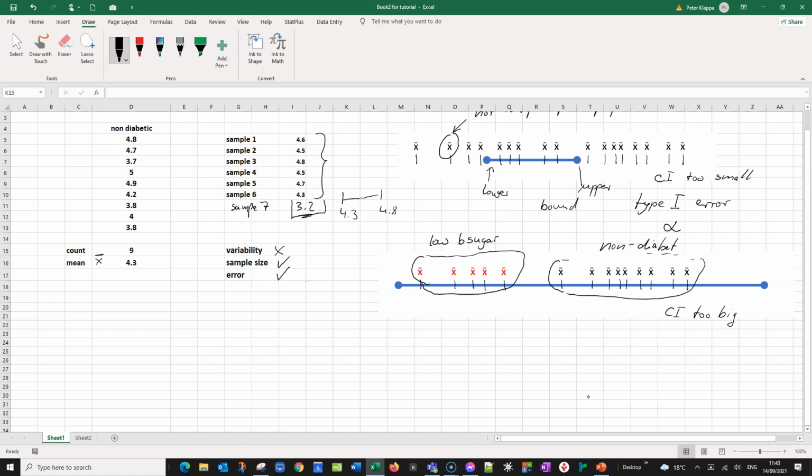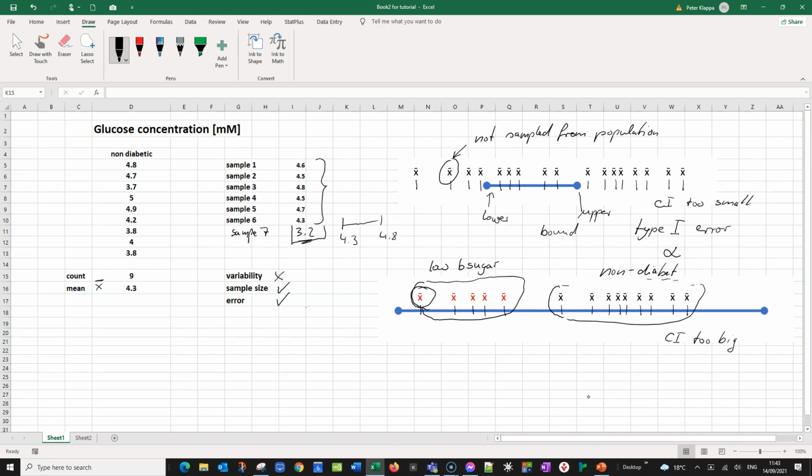But by making the confidence interval too large, I say, yeah, I believe that this sample which comes from a different population actually is included. So I include samples that do not belong to the population.